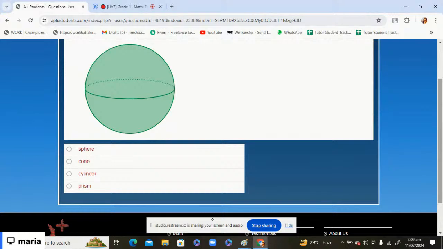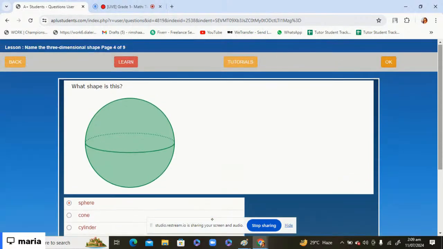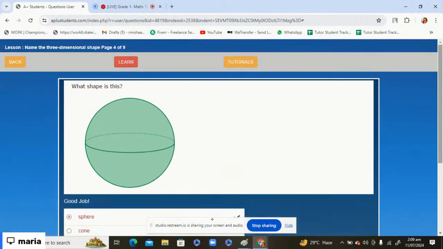Okay, now you guys tell me the answer of this one. What is this shape? This is the shape of sphere. Okay, so let's go with this one.